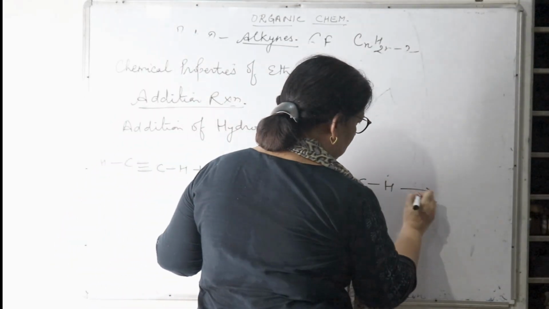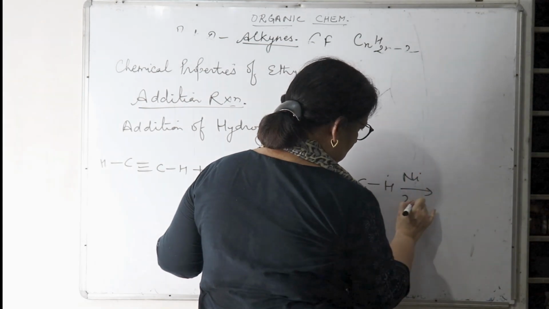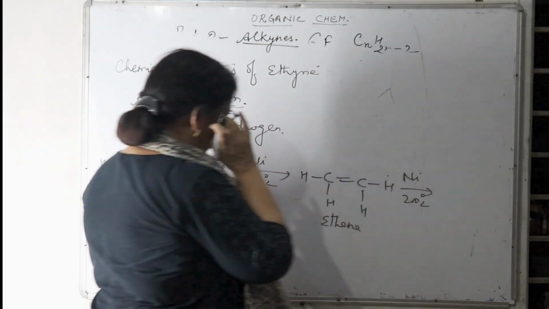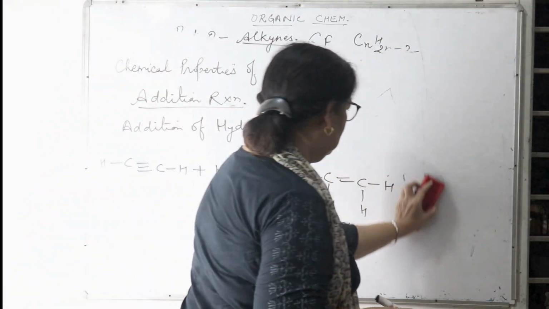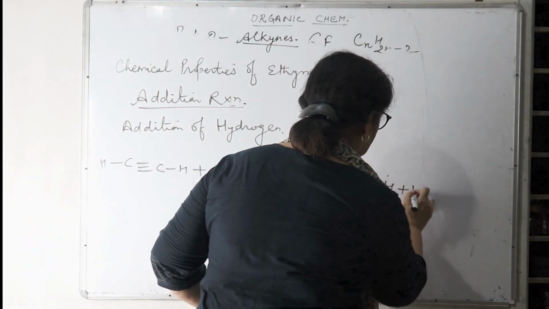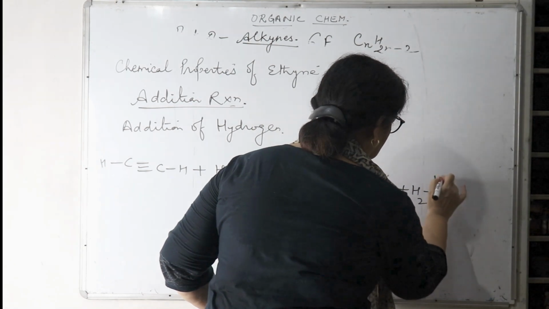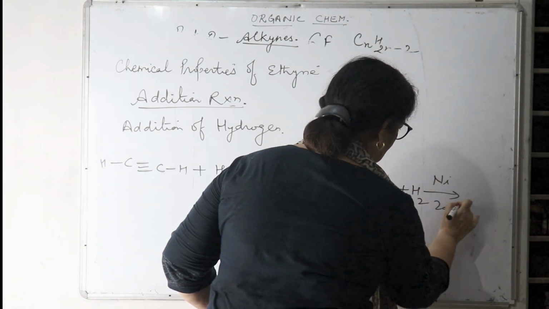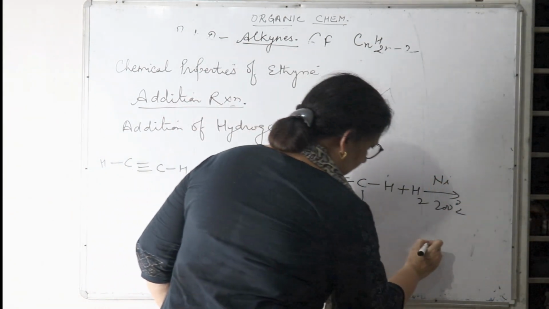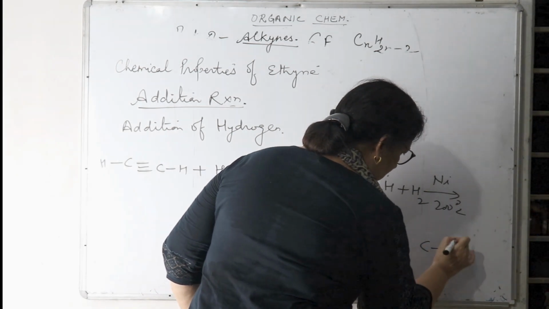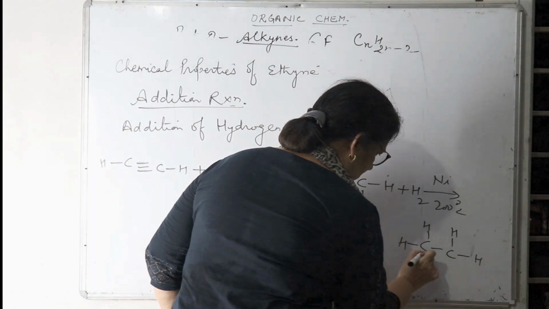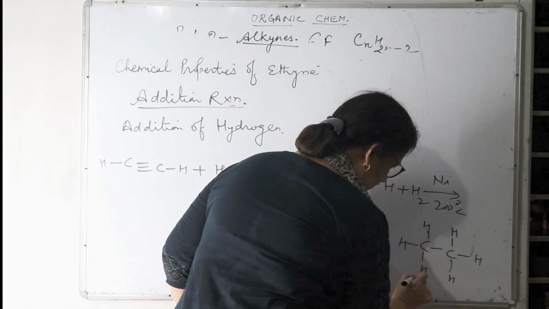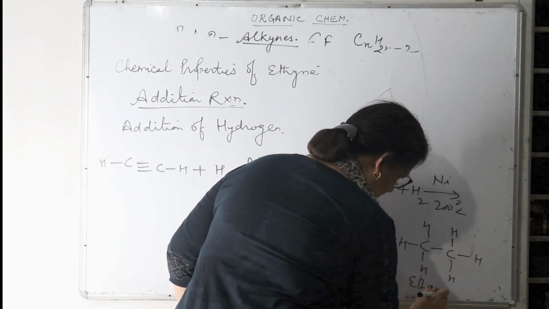Again hydrogen can be added, plus hydrogen in the presence of nickel at 200 degrees Celsius, and this double bond will become single now. This has become ethane.